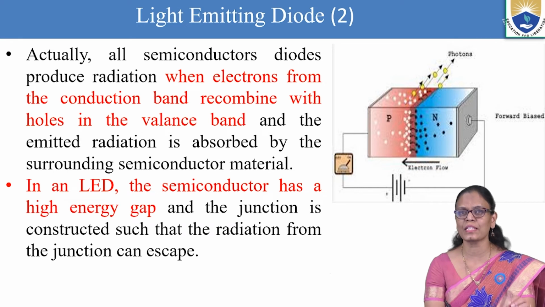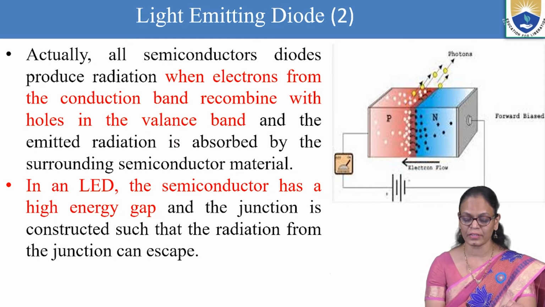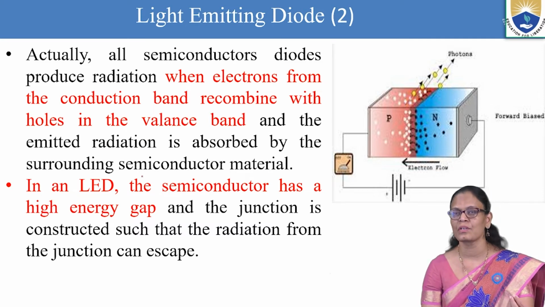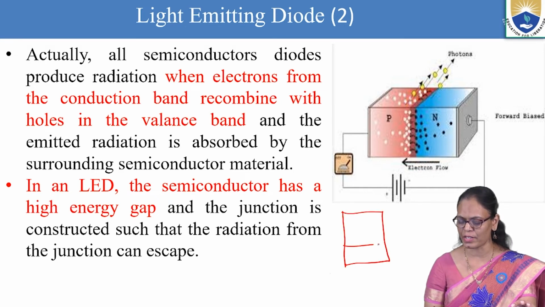Semiconductor diodes produce radiation when electrons from the conduction band recombine with the holes in the valence band, and the emitted radiation is absorbed by the semiconducting material. Here this is the valence band and this is the conduction band.